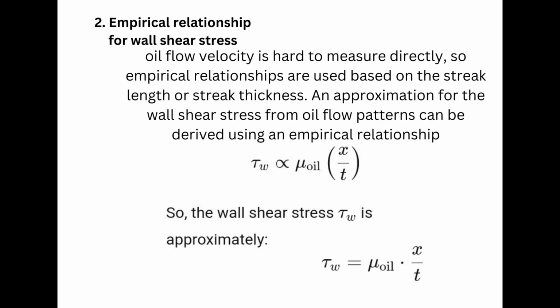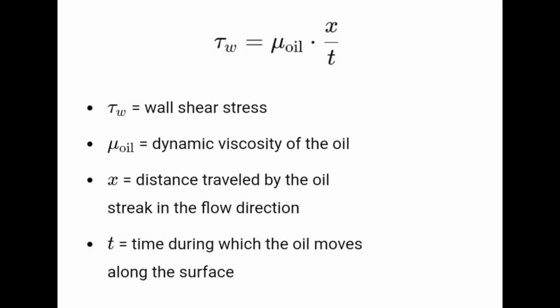An approximation for the wall shear stress from the oil flow pattern can be derived using an empirical relationship. The formula for the empirical relationship is tau, the wall shear stress, is equal to the dynamic viscosity of the oil times distance over time.